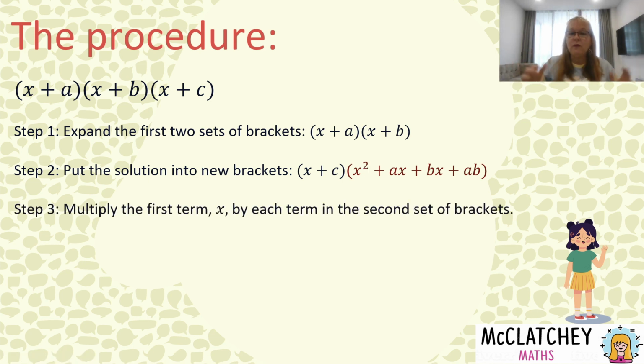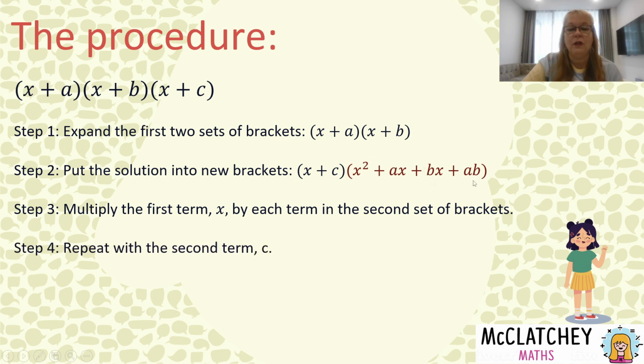Now, because we've got four terms in this second set of brackets, or potentially three terms, you can't use FOIL, firsts, outsides, insides, lasts, because that's specifically a technique for using double brackets like this situation here. So what you're going to do simply is take this first term and then multiply it individually by everything in these sets of brackets.